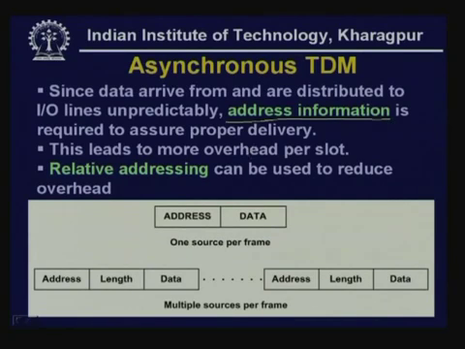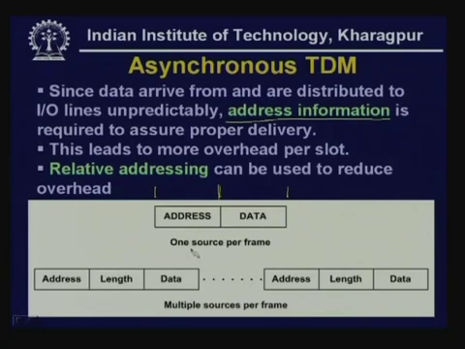So, for proper delivery at the receiving end, it is necessary to have address information embedded as part of the data. So, there is an overhead. Apart from data, as you can see here, we are adding the address information, and since it is an overhead, we want to minimize it. If you are sending say one source per frame, then we can do the framing in this manner, data and address that we can send in a particular frame.